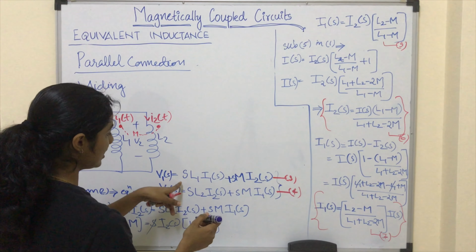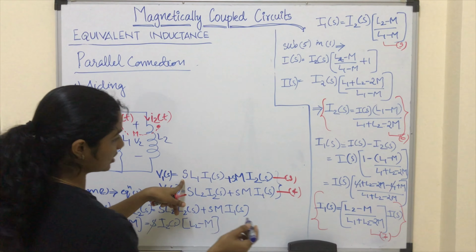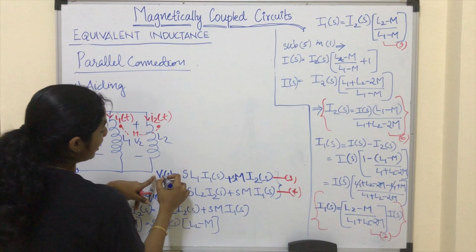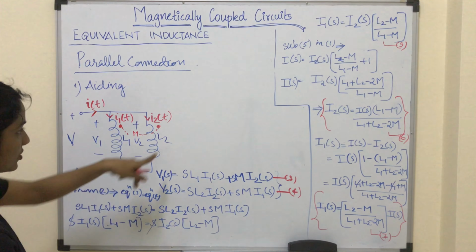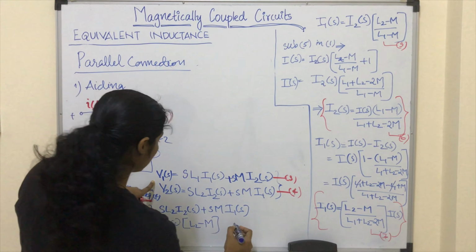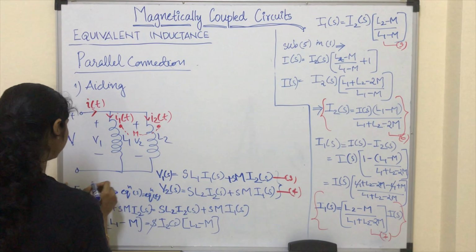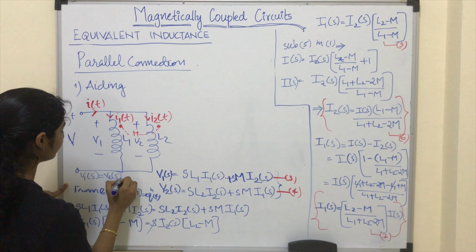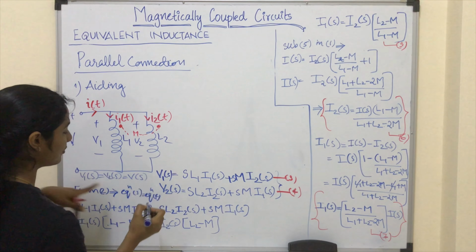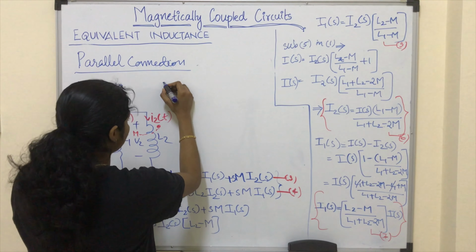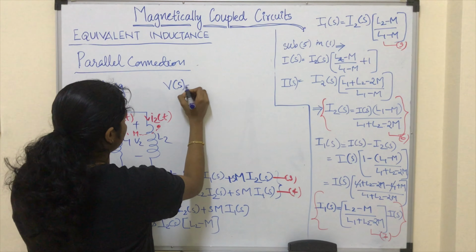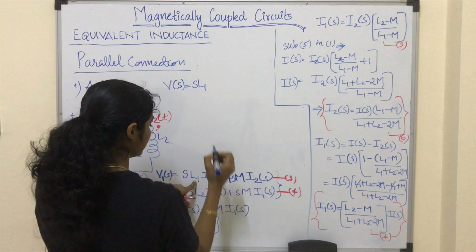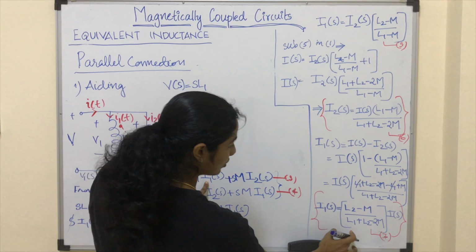So when we substitute equation 6 and 7 in equation number 3, here I have already told V1 of S is equal to V2 of S is equal to V of S. I am replacing V1 of S as V of S. V of S is equal to S into L1 into I1 of S. I1 of S is what?